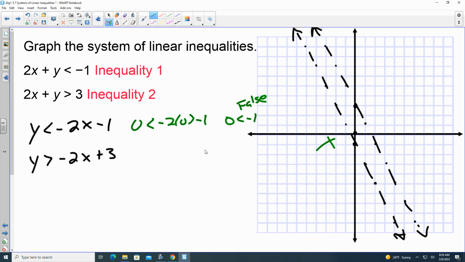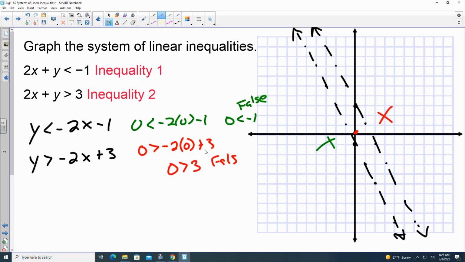So in this particular one, I could still use 0, 0 as my test point. And I have 0 is greater than negative 2 times 0 plus 3. Is 0 greater than 3? No, that's false. So over here, this is going away from my test point.